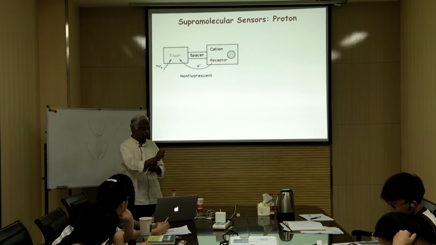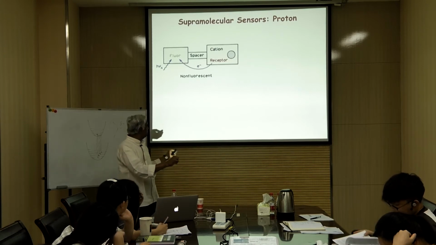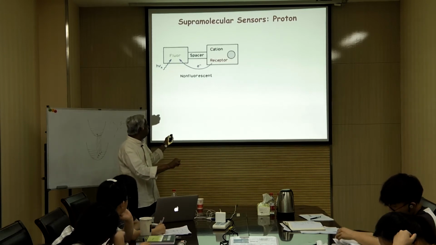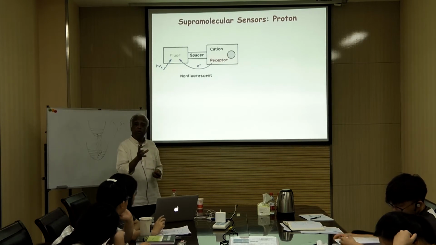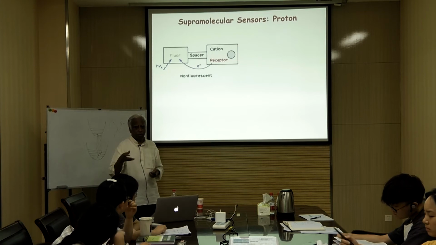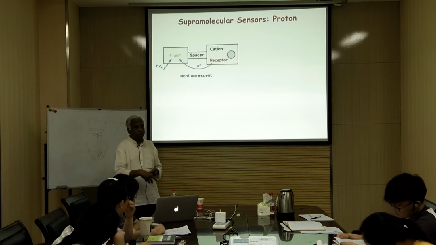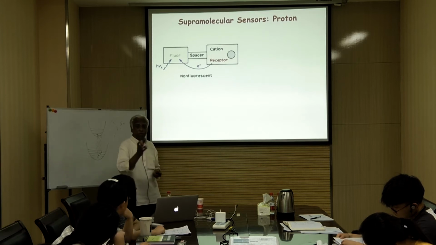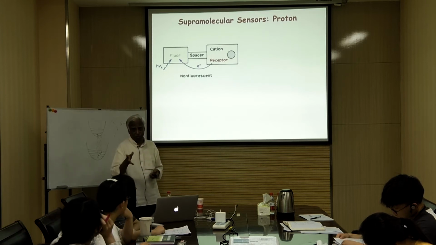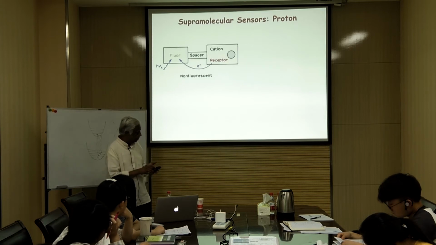As soon as it catches that, the emission is going to go up or down. This receptor is important because when it is attracting a proton or sodium or cesium or something, the emission is going to go up or down. It is not going to be shifting, but it is going to be up or down.